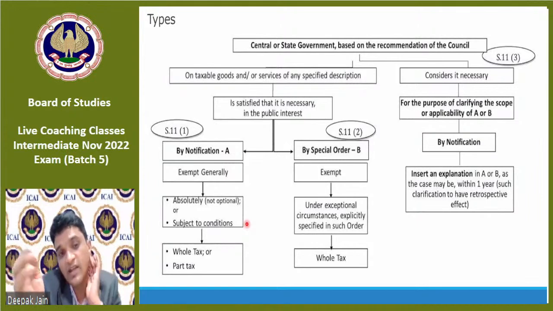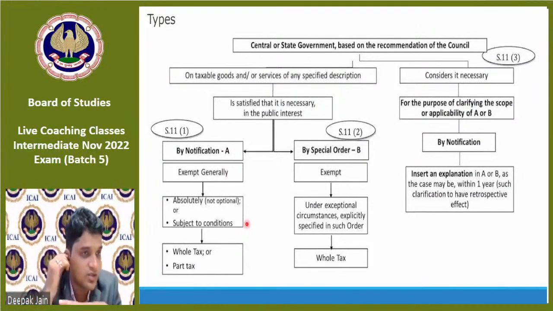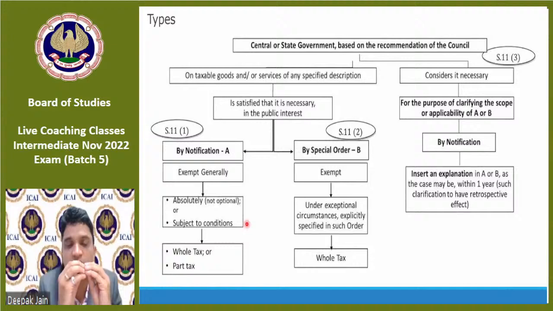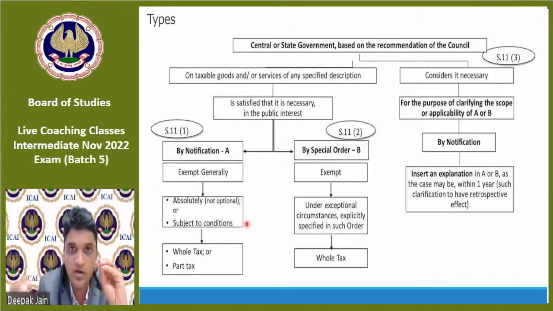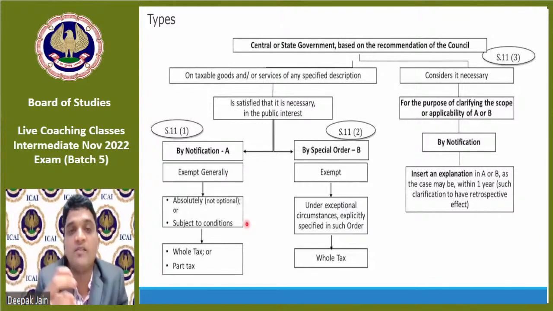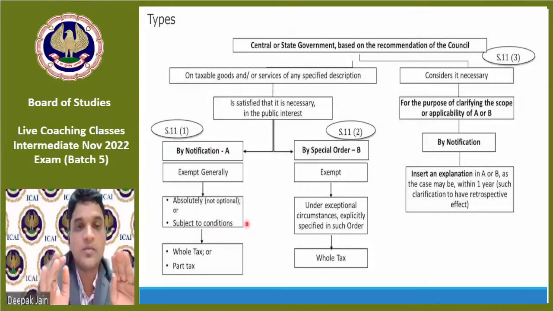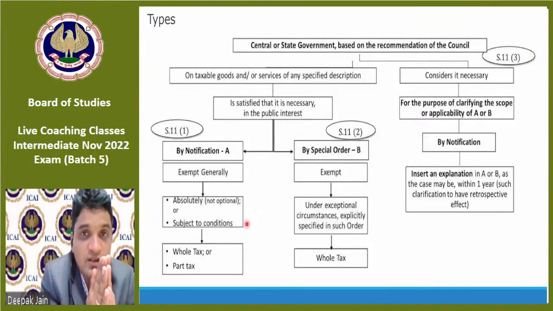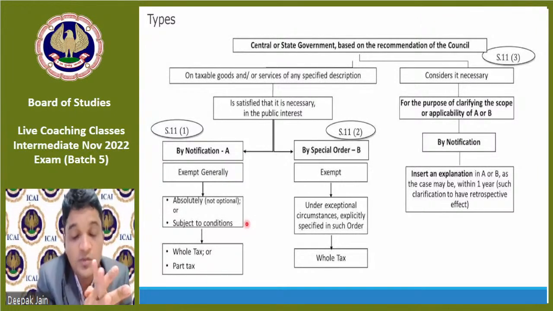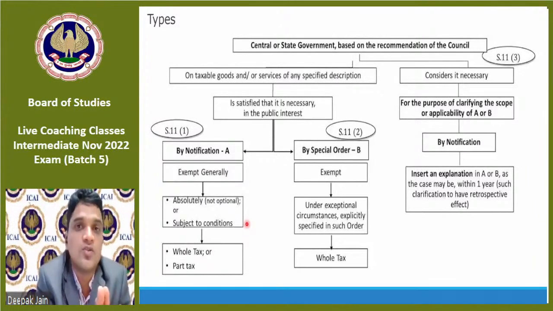If it is absolute, with no conditions attached to be fulfilled, then anybody doing this charitable activity has to claim this exemption. He cannot say, no, I will pay taxes and claim the input tax credit. Not possible. Because if the exemption notification is absolute, meaning without any conditions, then it is not optional; it is compulsory to follow this exemption notification.